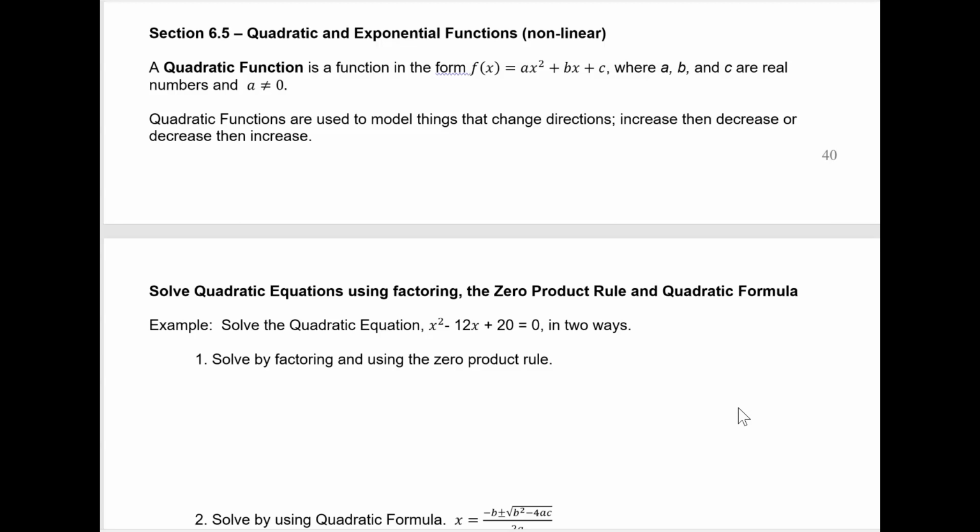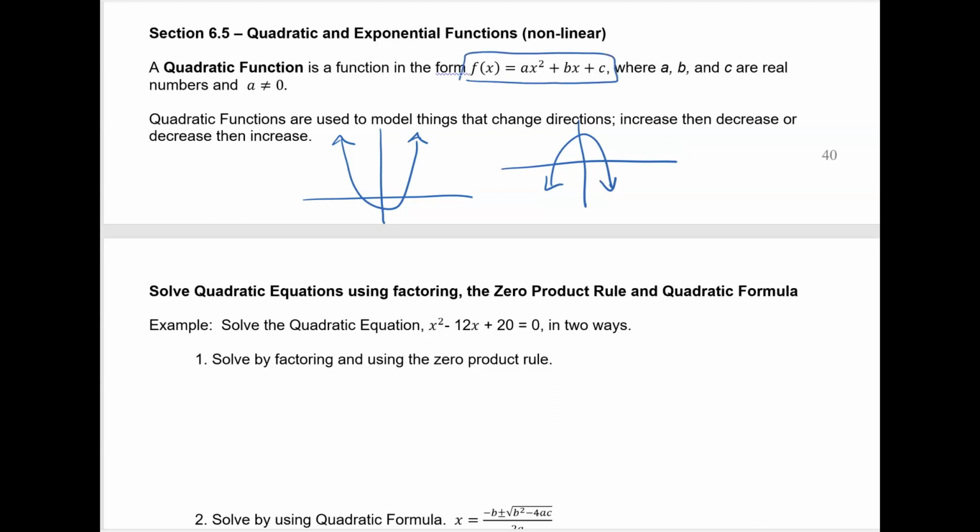So the graph of a quadratic function is a parabola, and a parabola is a graph that looks like a U. So it's usually facing up or it can be facing down. And the graph oftentimes takes this form, but not always.